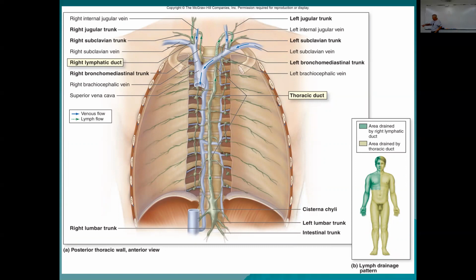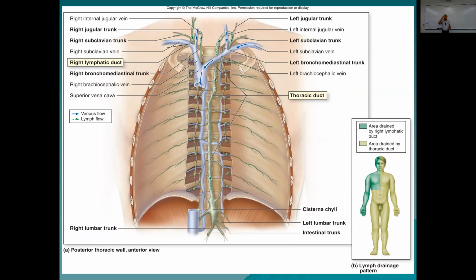Interesting thing, if you look at the right lymphatic duct, you find it's really short compared to the thoracic duct. That's because of the uneven lymph drainage in the body. Lower right, you will see that in light green is the area drained by the thoracic duct, and the darker green is the area drained by the right lymphatic duct.